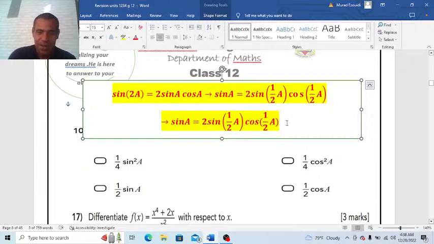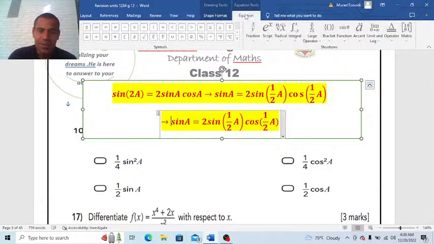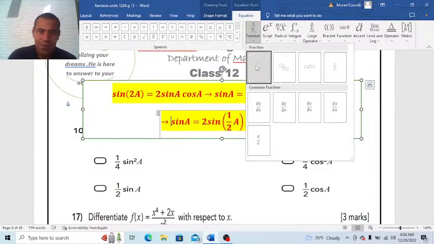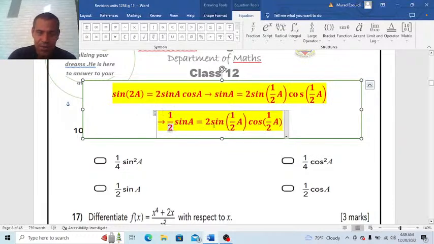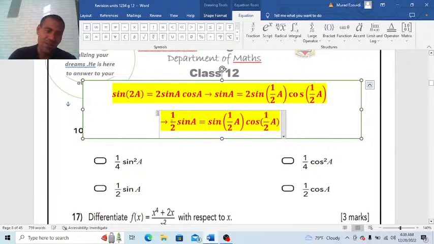So I obtain 1 over 2 sine a, because I divide by 2 both sides, and this 2 divided by 2 will cancel immediately. So in fact this one is equal to this.